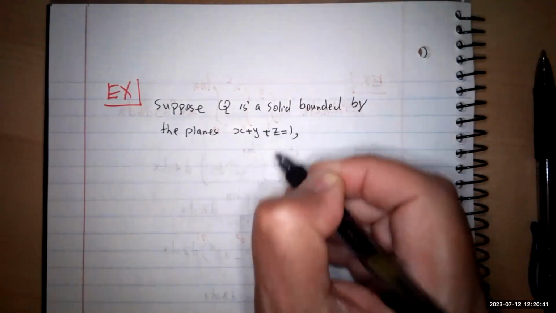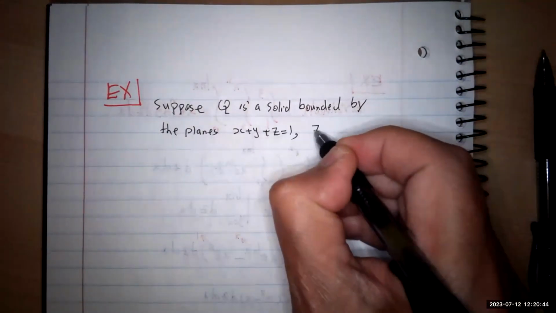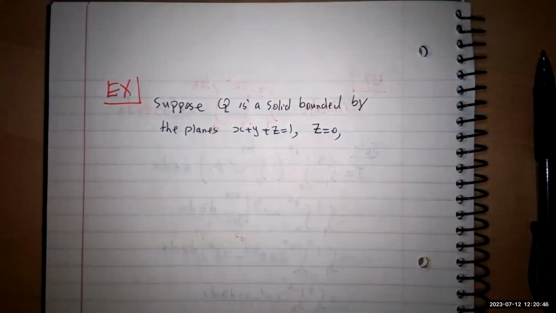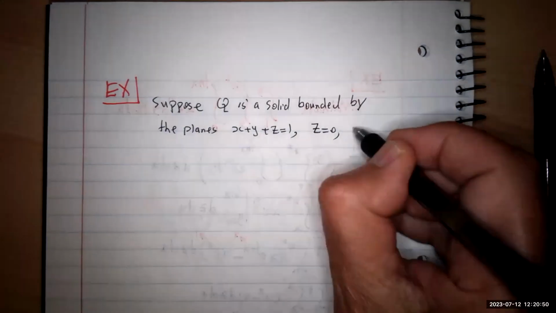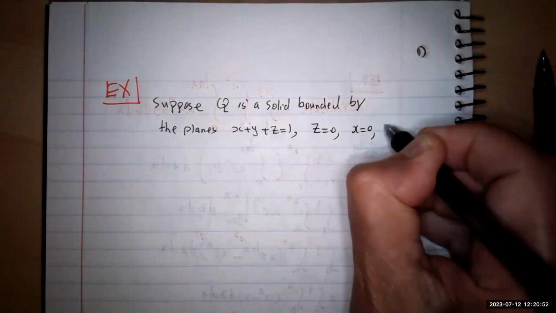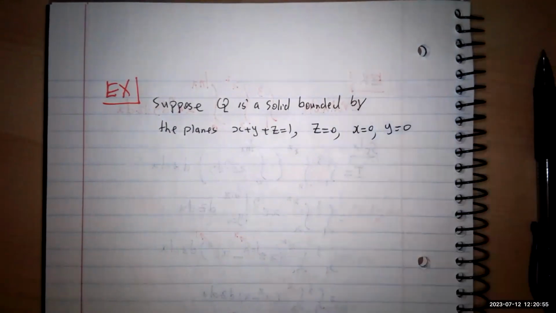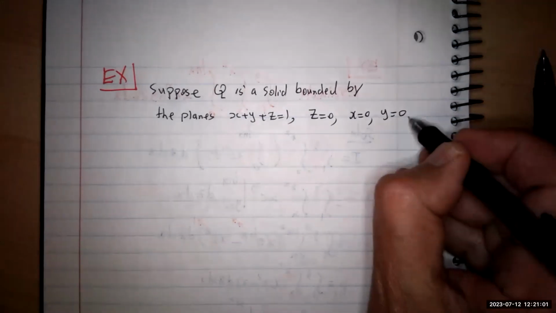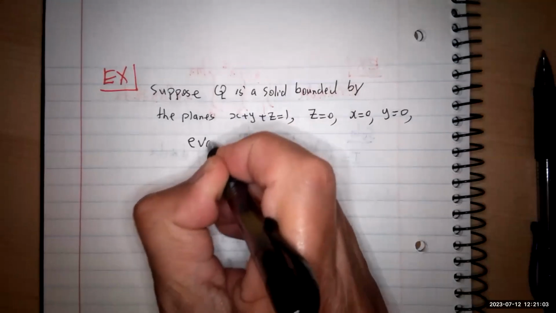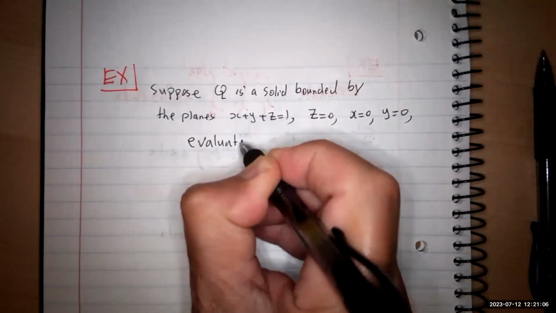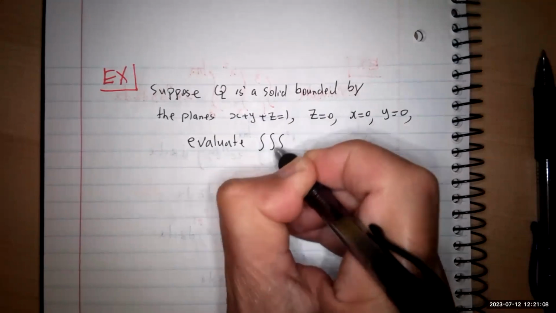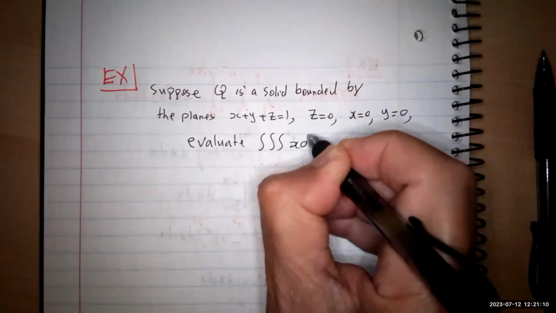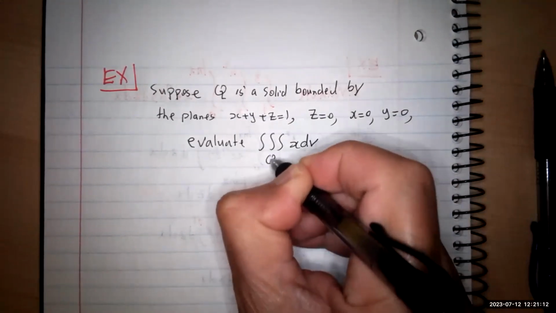That's one plane. z equal to 0, you drop into the xy coordinate, x equal to 0, and y equal to 0. Okay, coordinate planes. Now, what they would like you to do is evaluate this triple integral of x dV on this Q.